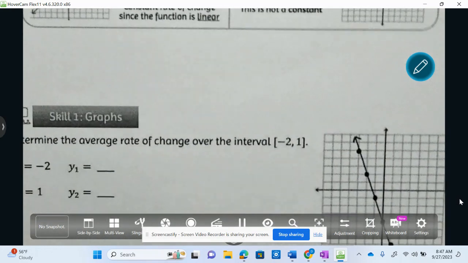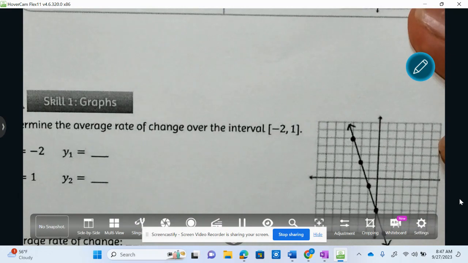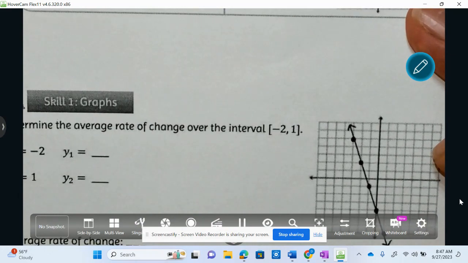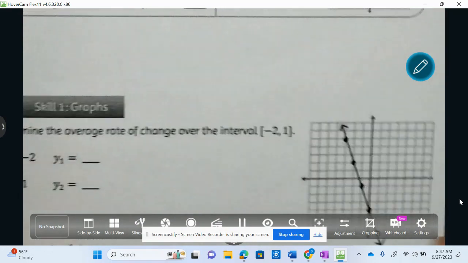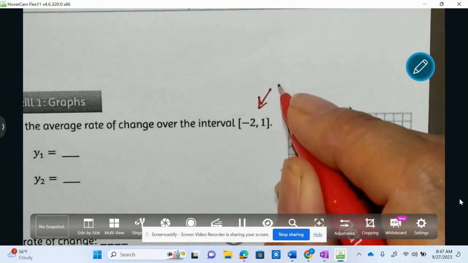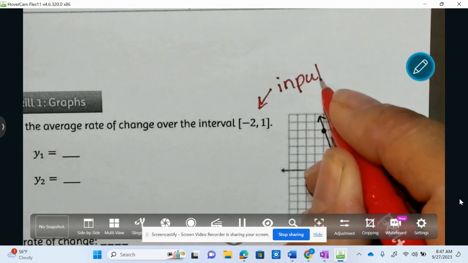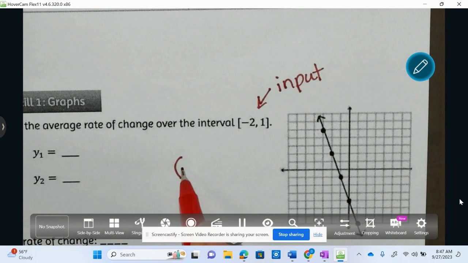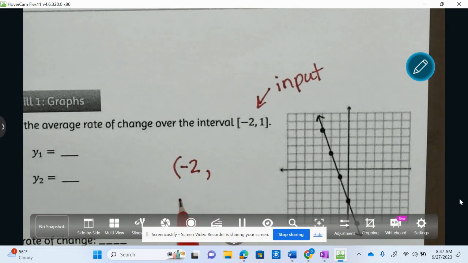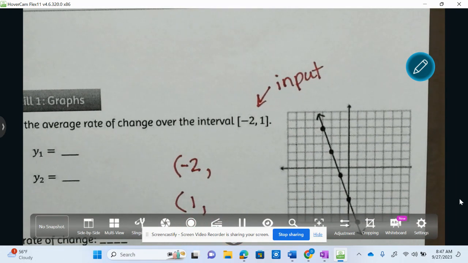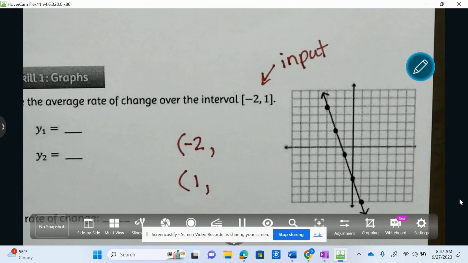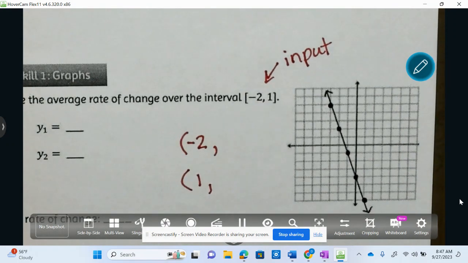So our first skill is to determine the average rate of change over the interval -2, 1. This is my input. This is no different than saying what's the output when x is -2 and what's the output when x is 1. So we're going to have to get that information from our graph, okay?